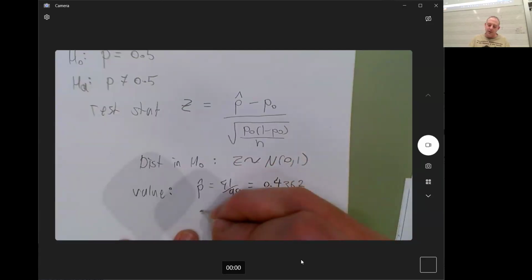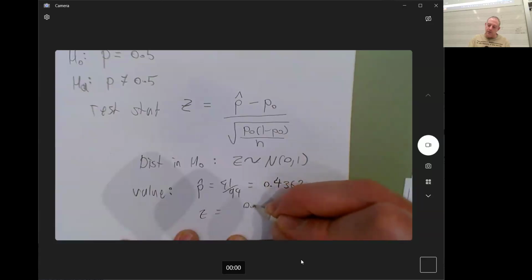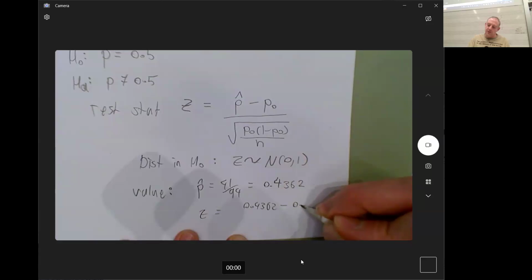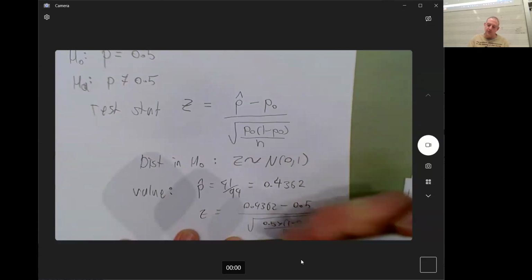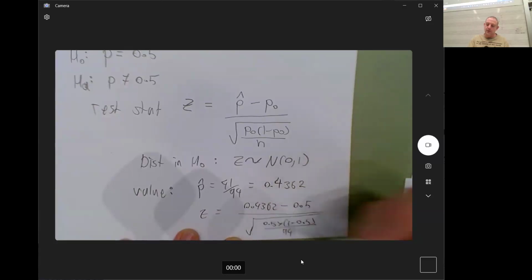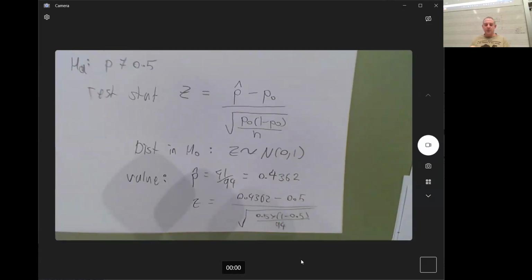And then my Z will be 0.4362 minus the 0.5 over the square root of 0.5 times 1 minus 0.5 over 94. I didn't really give myself enough room to calculate.